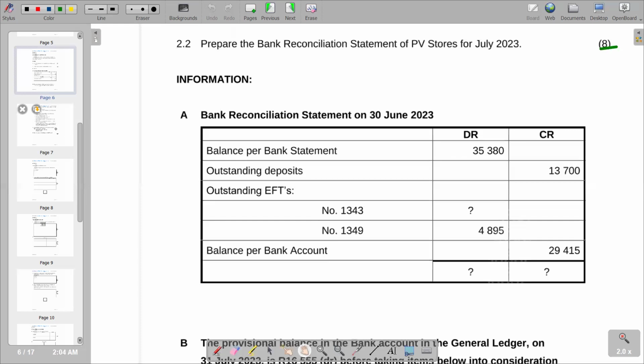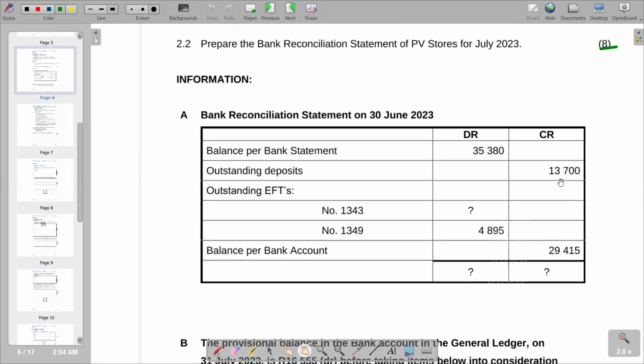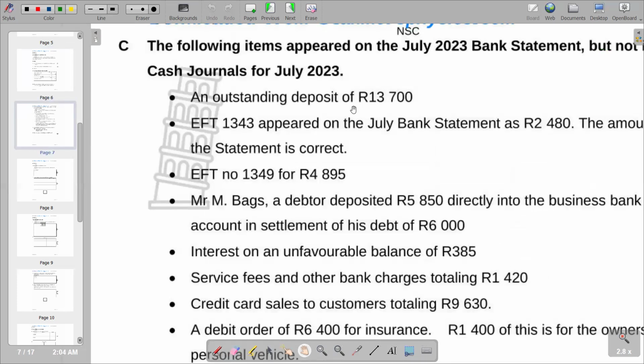For it to appear now, it means it was missing from last month's bank statement, but for this period it is now appearing. So it's not going to have any effect, because it was already on the previous month's bank reconciliation and is now appearing on the recent bank statement. It's corrected, so we don't need to correct it. No effect.